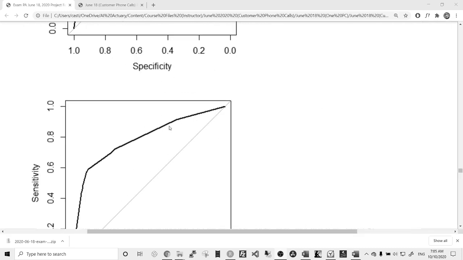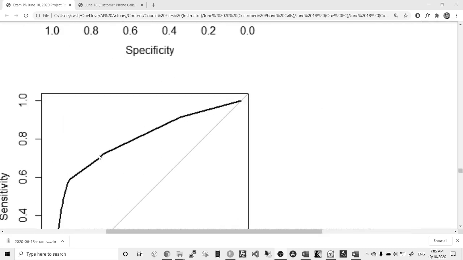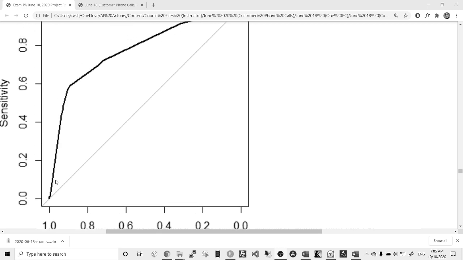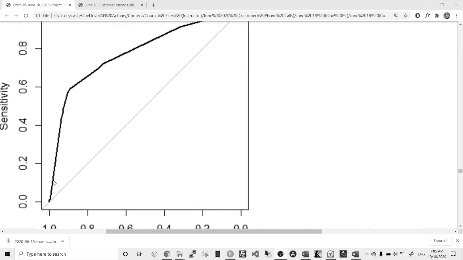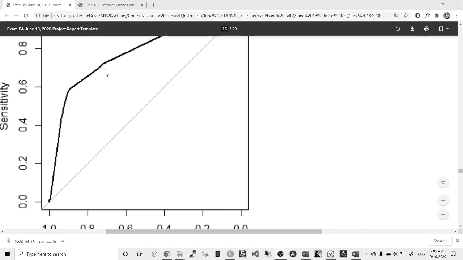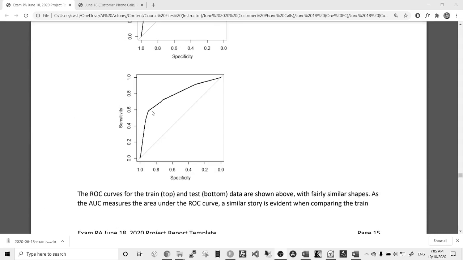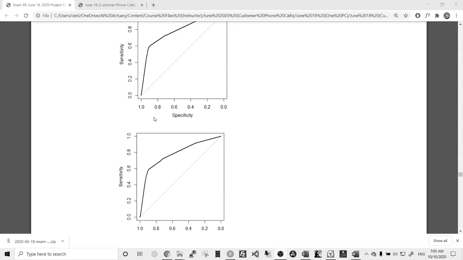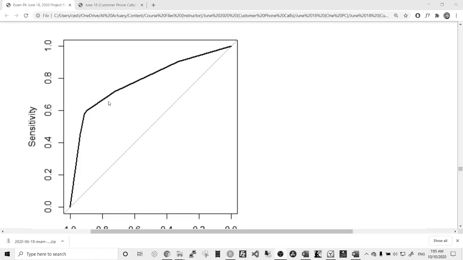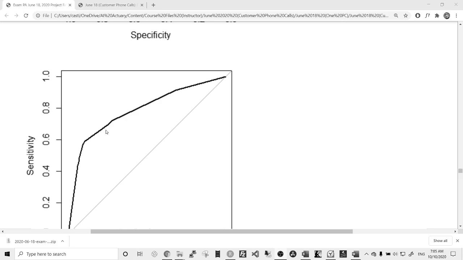You can see here that the slope is positive but increasing right here. I believe that's what the comment is referring to, which I didn't pay attention to. Notice that's not the shape on the training data, but it is on the test data.